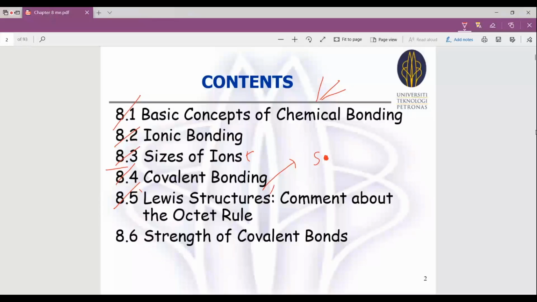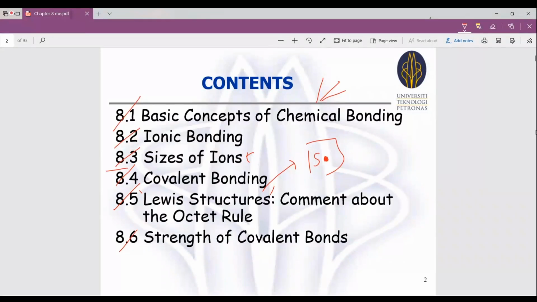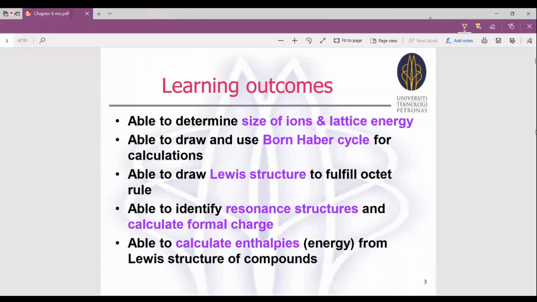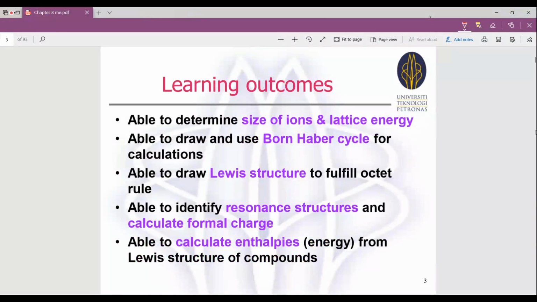Later we will study how to calculate the formal charge for each element using Lewis structure, doing dot representations. And the last one is the strength of covalent bond. So the objectives for this chapter: first, you are able to determine the size of ions and the lattice energy.